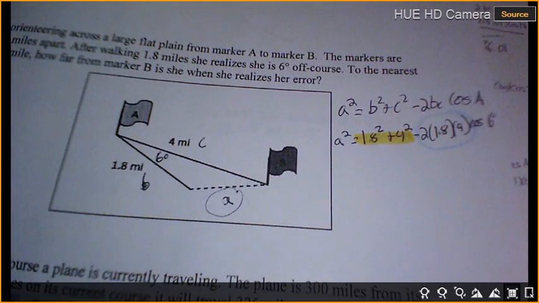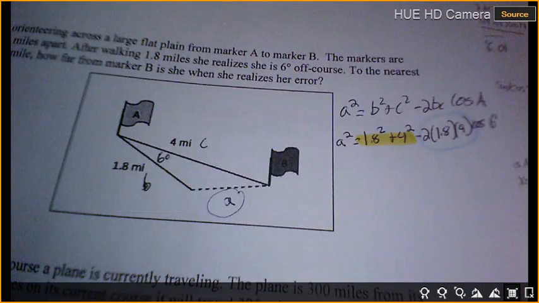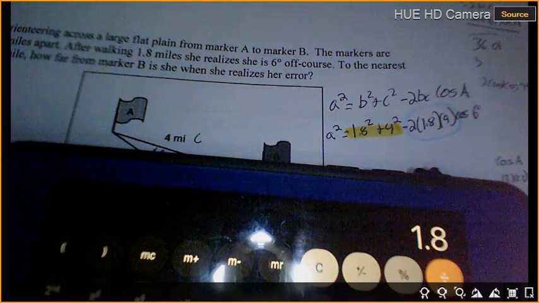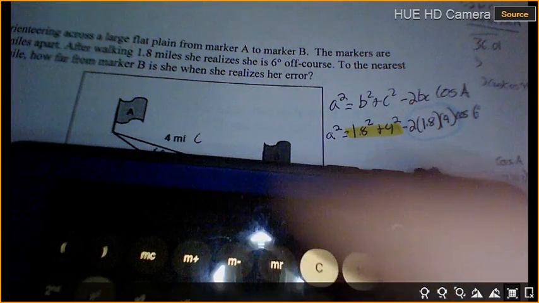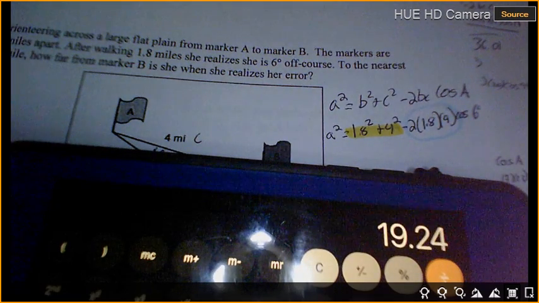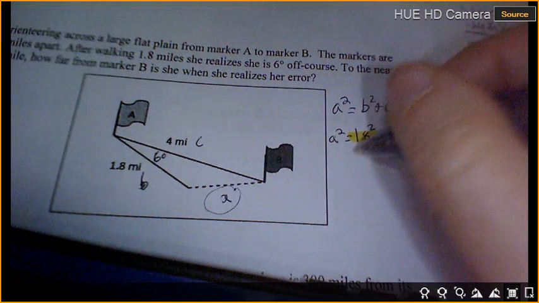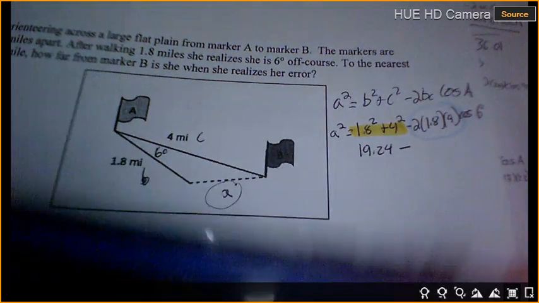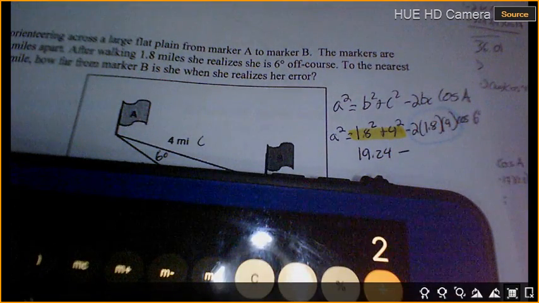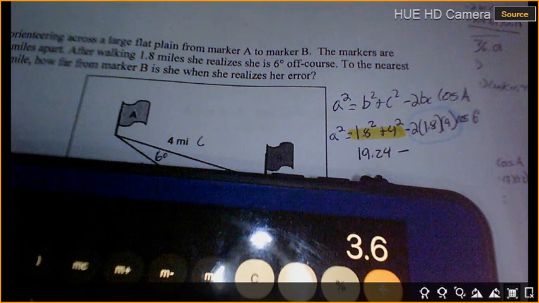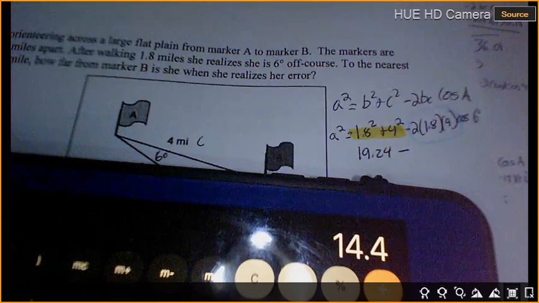So I'm going to go 1.8 squared plus 4 squared, which I know is 16, gives me 19.24, minus, and then I'm going to go 2 times 1.8 times 4, gives me 14.4.